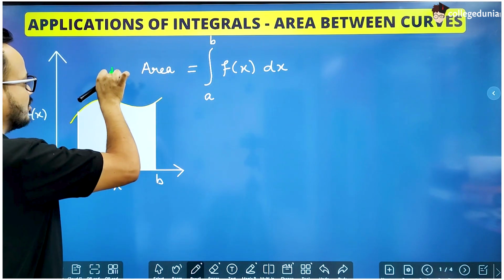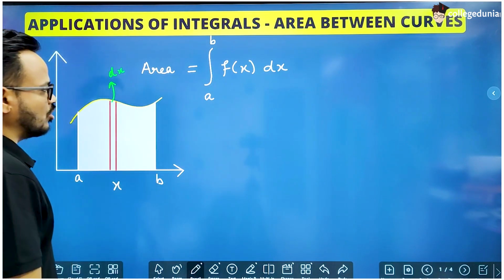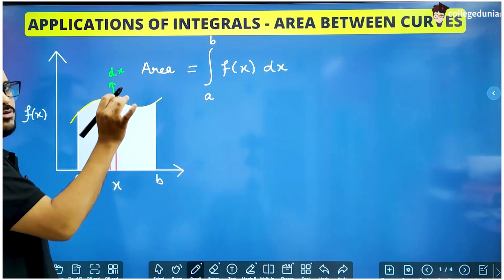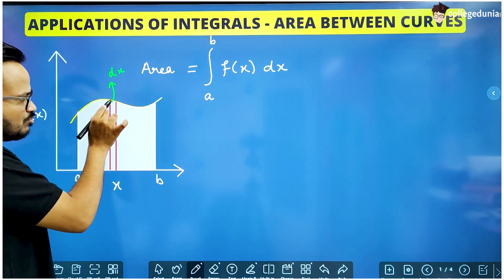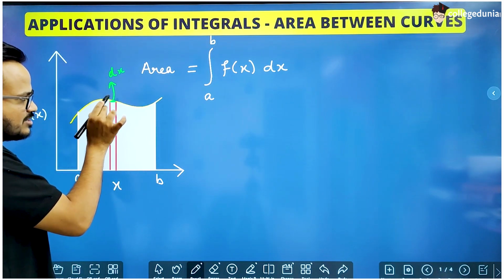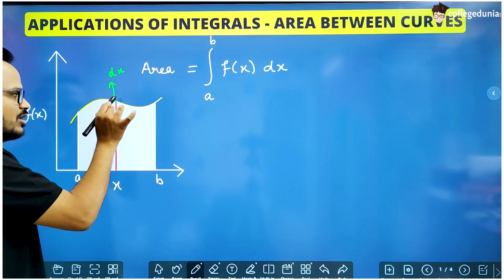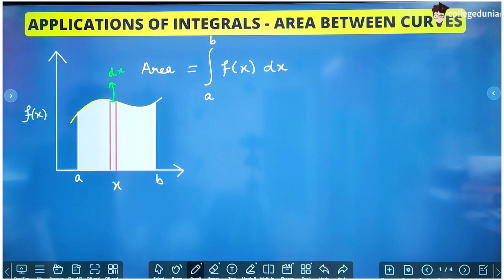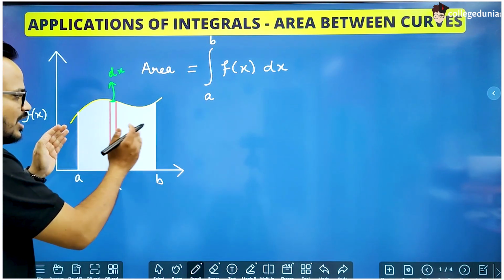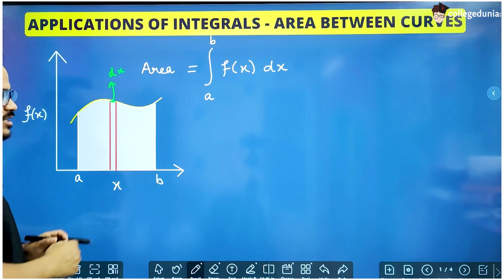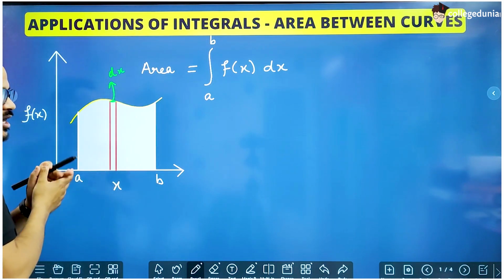And since this width is very small, whatever be the shape of this curve, we can take it as a straight line. So we can say that any one of these infinite strips is in the shape of a rectangle. So the total area is simply the sum of the areas of these small rectangles.